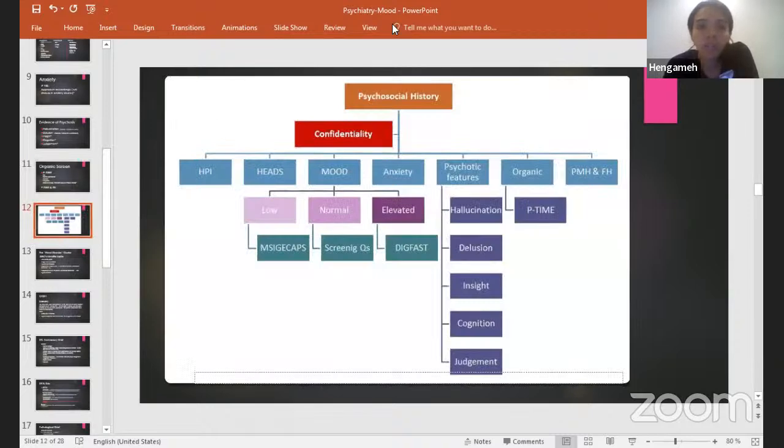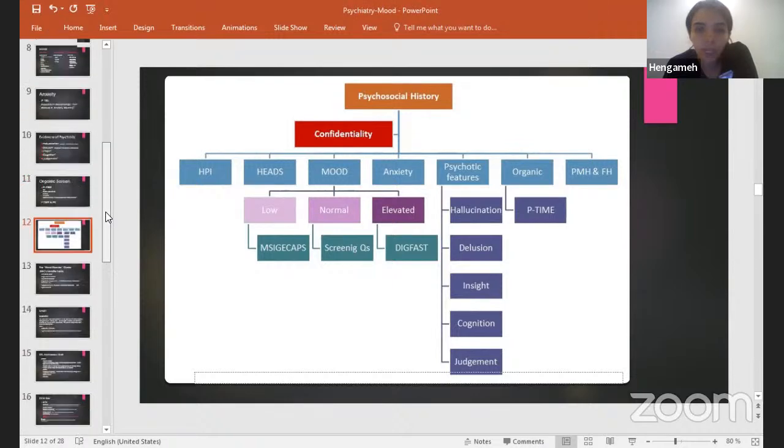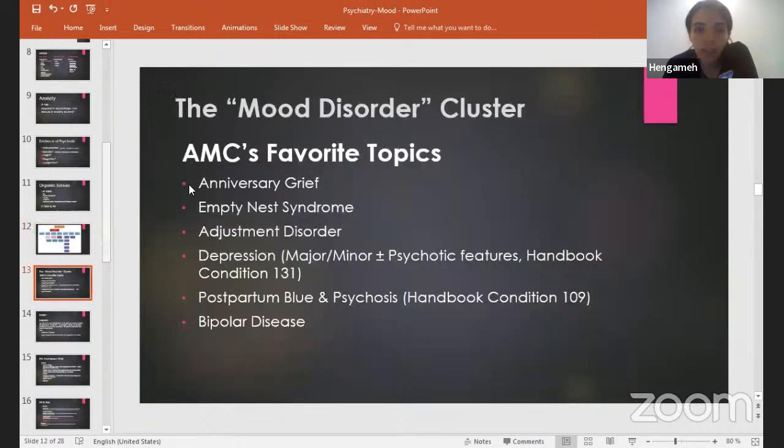Okay, this is the algorithm again. And this is the cluster.